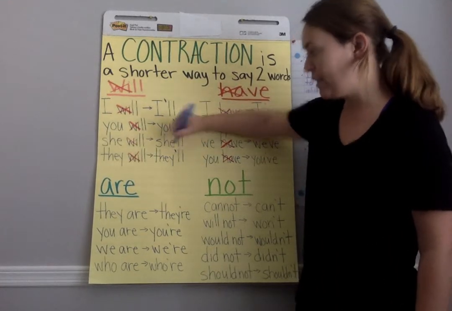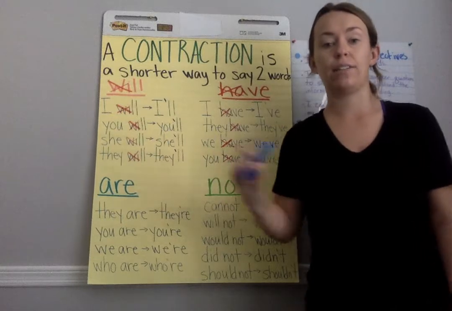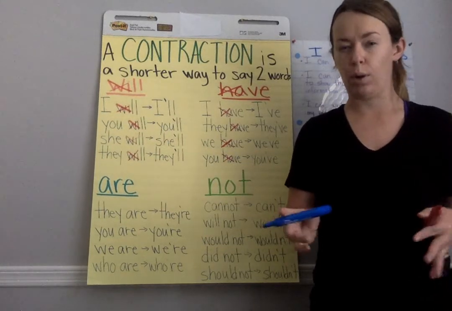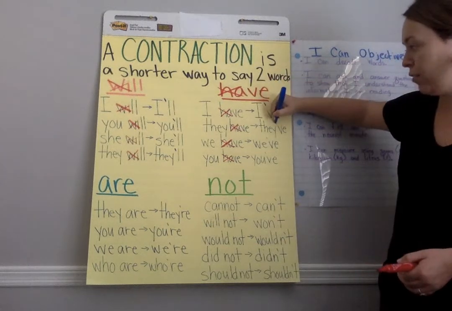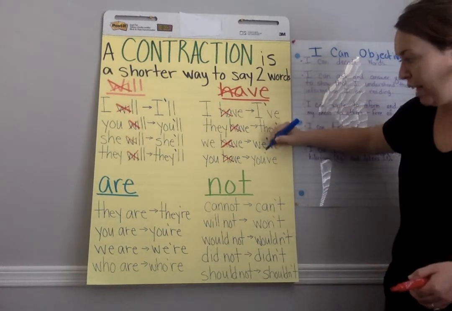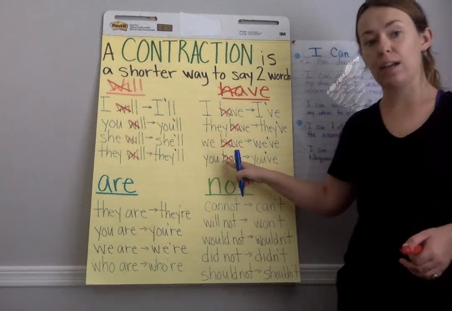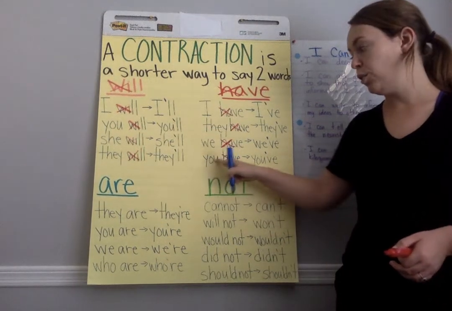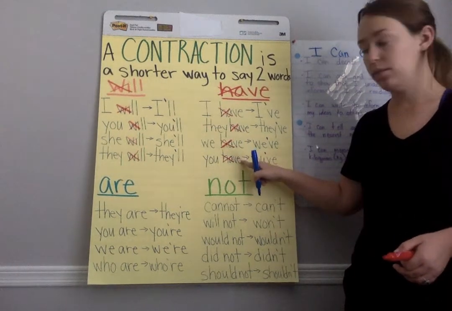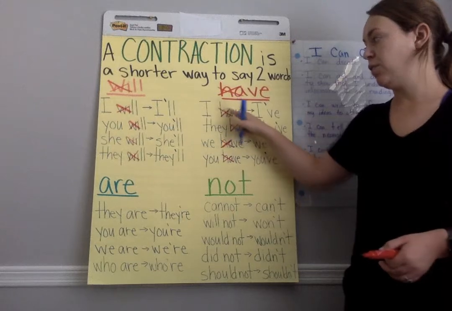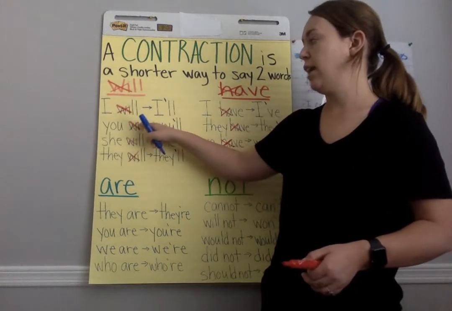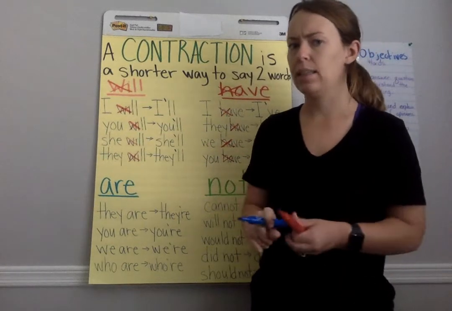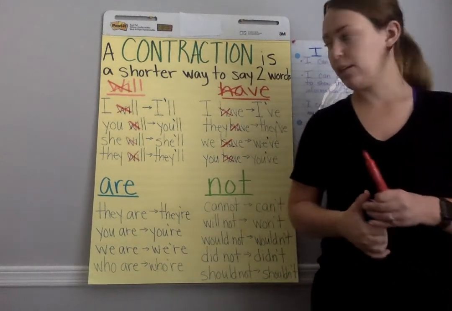You need to have those in place of the letters that you take out, otherwise it's not a proper contraction, okay? So you have to have the apostrophe in the place of the letters that you canceled out. So Y-O-U apostrophe V-E. I apostrophe V-E. Y-O-U apostrophe L-L. I hope that makes a little bit more sense on how to make these contractions.